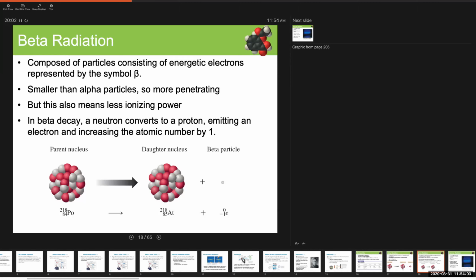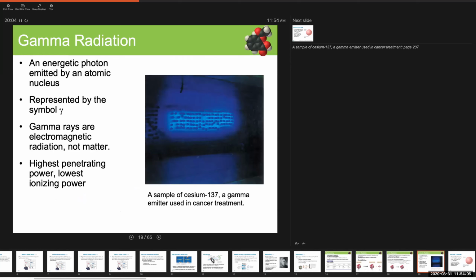And then finally, the last one is gamma radiation. Gamma, as you see, is electromagnetic radiation. So it's not matter. So it's slightly different than the alpha and beta. And it has the highest penetrating power, lowest ionizing power.